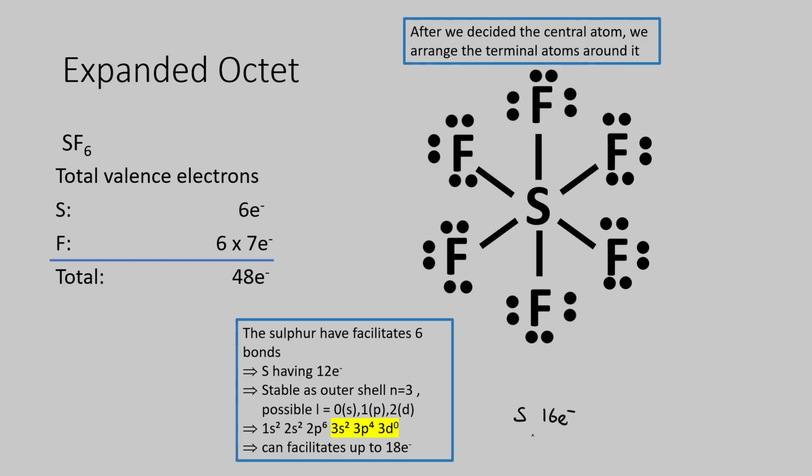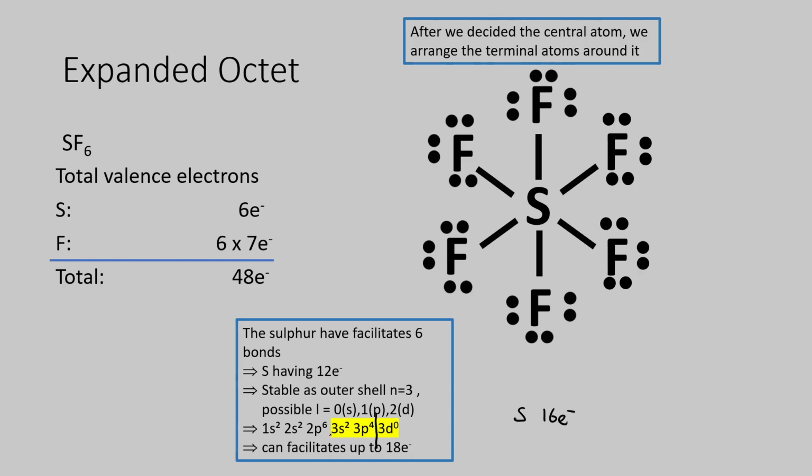Kalau you buat dia punya electronic configuration, you will get 1s2, 2s2, 2p6, 3s2, 3p4 sampai sini. Okay, this one soalan maybe tak tanyalah. Tapi just like for you to know that kenapa sulfur boleh ada expanded octet? Kenapa dia boleh ada lebih daripada 8?